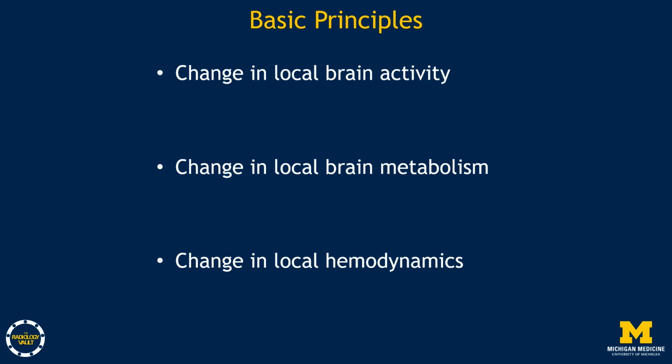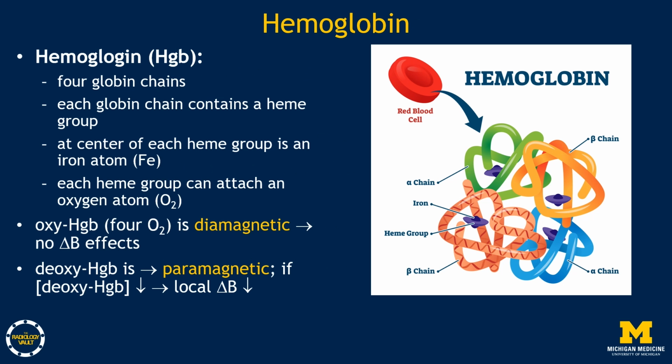Now, what is the basic principle here? First of all, when a person starts to perform a task, there is a change in the brain activity. That leads to a change in the local brain metabolism, and that will lead to a change in the local hemodynamics. When the local hemodynamics change, blood rushes in. And what does blood contain?